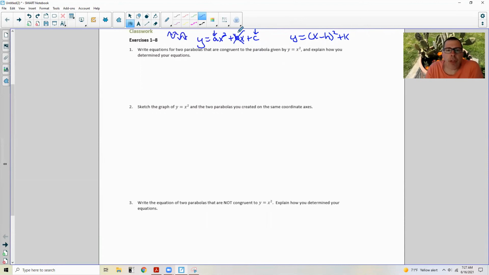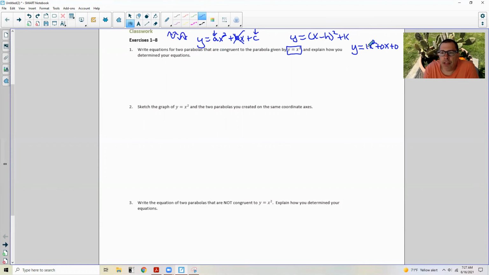Okay. So there it is for starters. So if I want to write, and this is called the parent function. This is the most basic, because this is y equals 1x squared plus 0x plus 0.